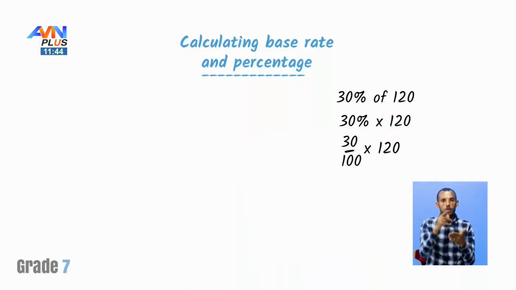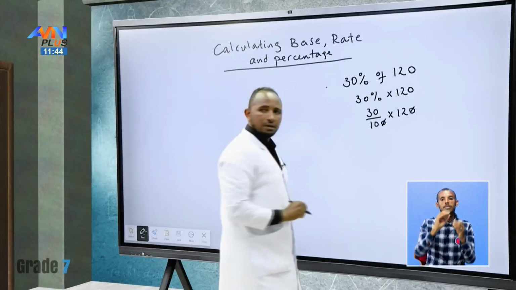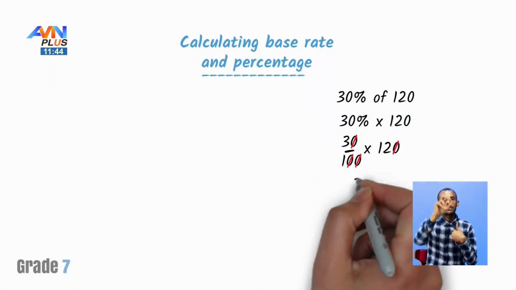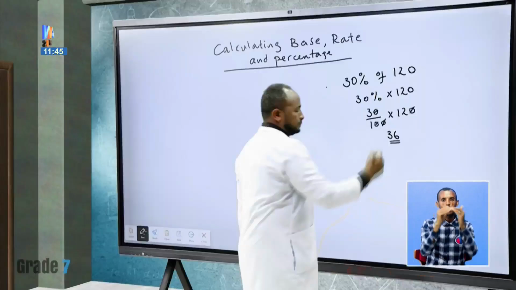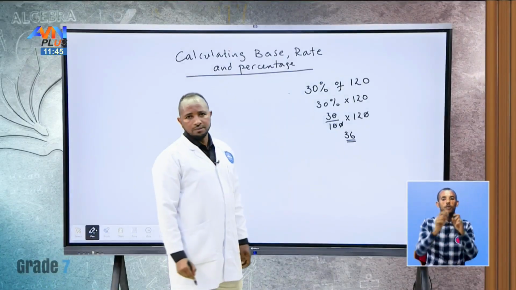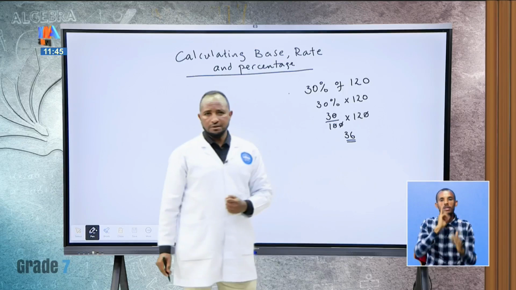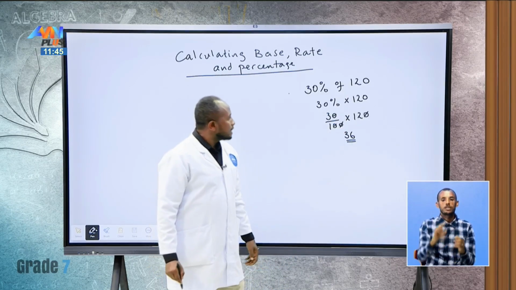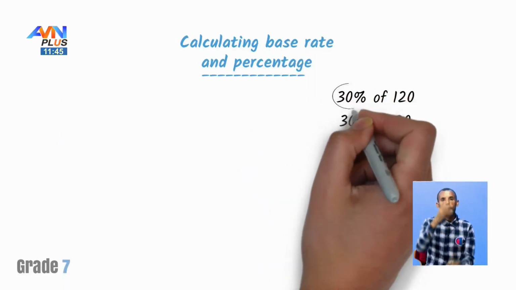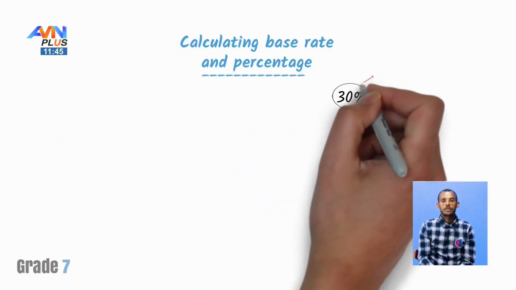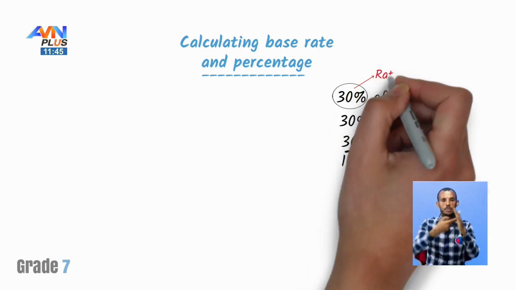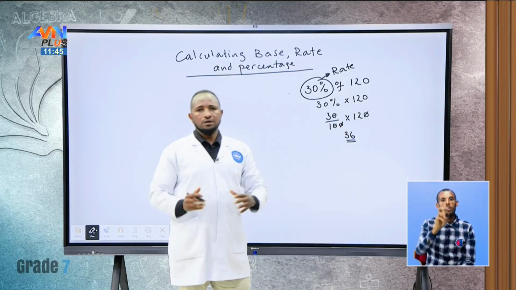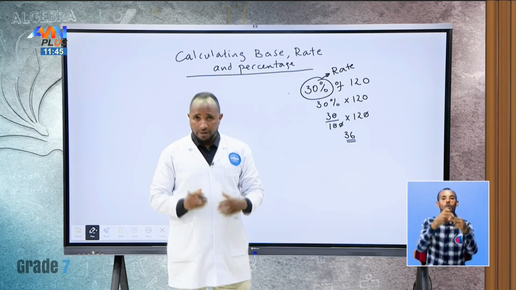When you multiply these two, you can just divide these two numbers by 10, or you can cancel 0 by 0. Again here, so you have 3 times 12. You have 36. So from this example, what do this 30, 120 and 36 represent? In this example, this percent represents rate. And this 120 is a total quantity, so we call it a base.